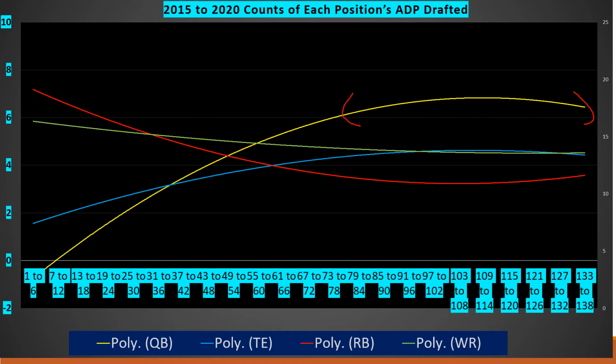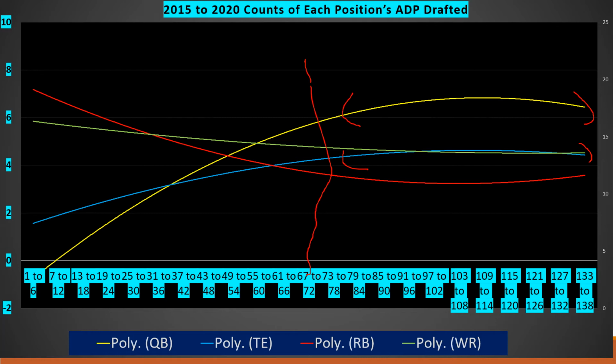Tight ends, they're going to take a little bit earlier, but they're definitely peaking in this range as well, plateauing out here. So again, the 6th round is where this is happening, with QBs and tight ends.